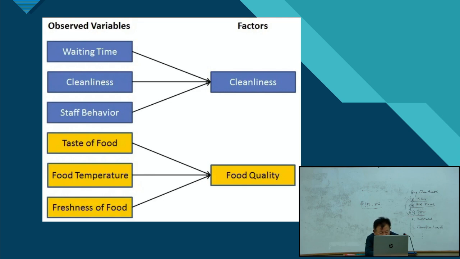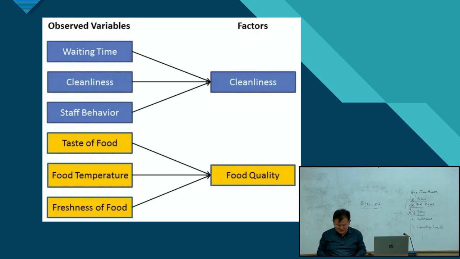So cleanliness and food quality, the next factor is good taste or some delicious food, something like that. So this is for each variable, making factors, and then finally getting delicious food. This is a factor analysis example.